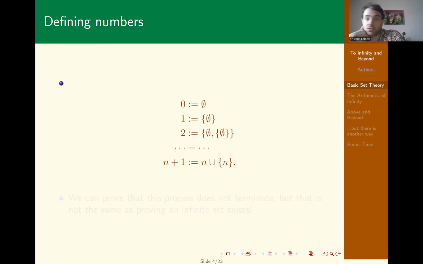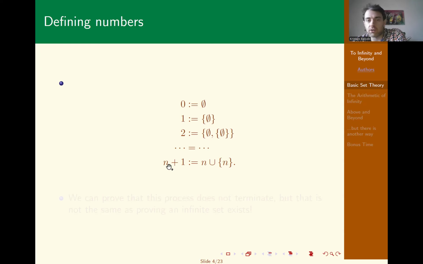Makes sense if we define numbers to correspond to our intuitive notion of how many elements a set has. Of course, we haven't defined what a number of elements even is, so we don't want to be circular, but okay. First one's the empty set, then one is the set containing the empty set, and so on and so forth.